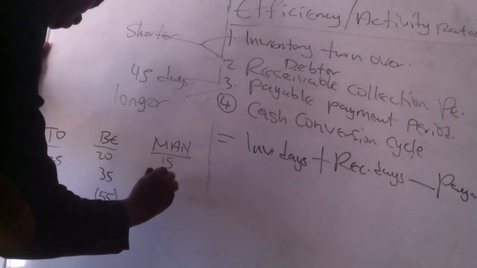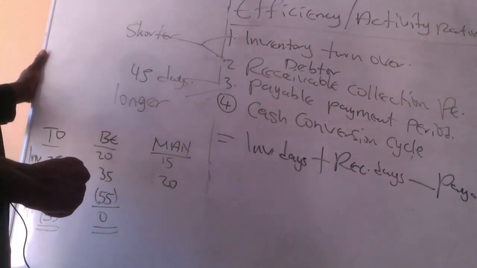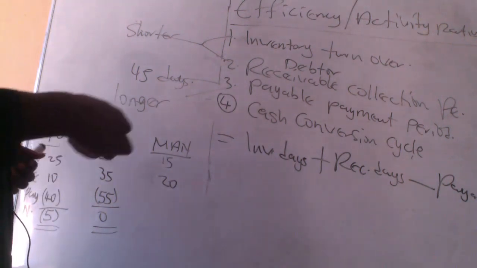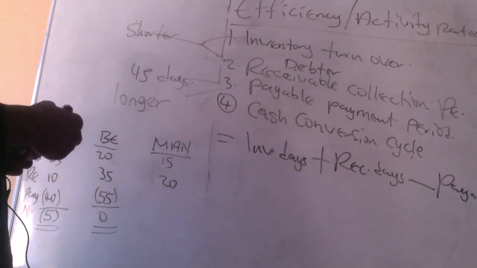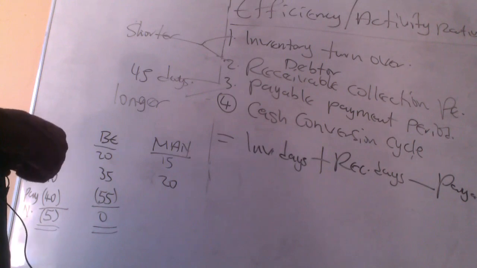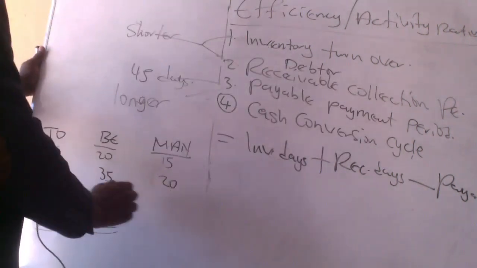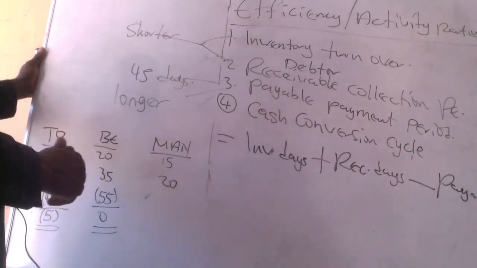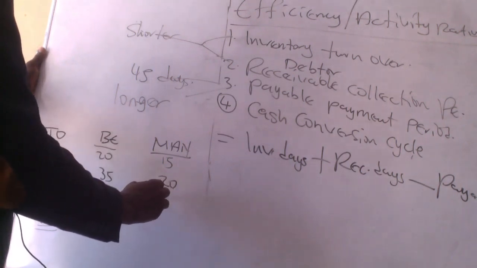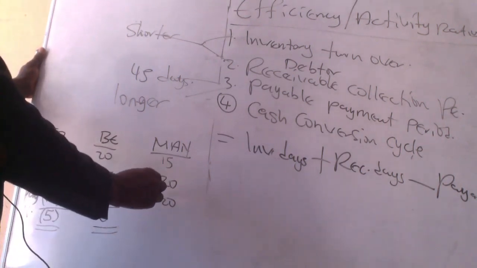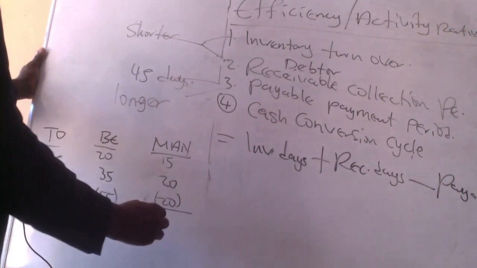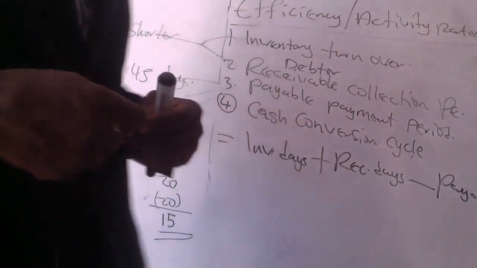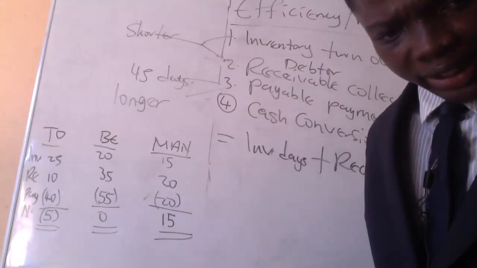I want to choose the days correctly. 20 days, so making 35 days. Meanwhile, the suppliers have given Man only 20 days to pay. Good. So what do you think will happen? So the net operating cycle will be what? 15 days.